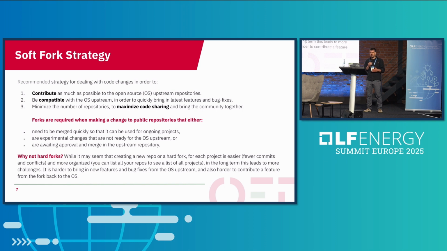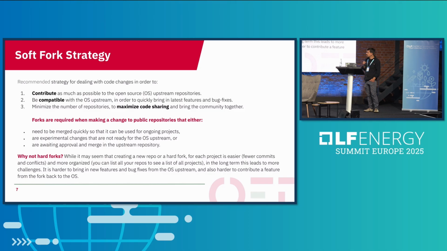So if we fork an existing open source model, it can be any, or even from LF Energy, some models, we always try to do soft forks. That means we try to be always compatible with the original project so that we can merge back new developments into the original project, but also that we do not split the community. So this is one of our core strategies that we follow, not just for this project, but for a lot of other projects.